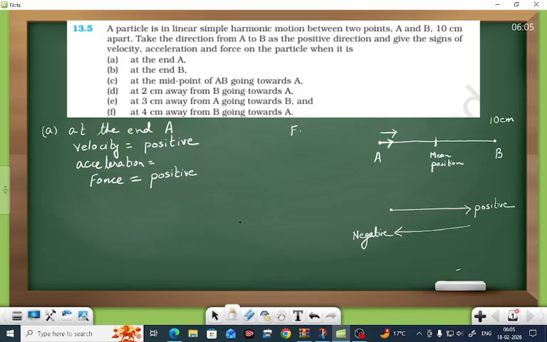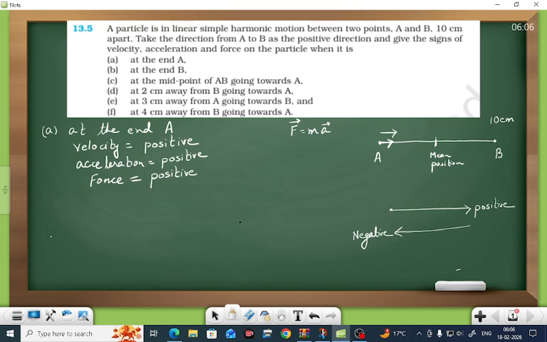F is equal to m into a. And the direction of force is the same as the direction of acceleration. Therefore, the acceleration will also be positive, right? So you'll get here that the velocity is positive, acceleration is positive, and the force is also positive, right? This is for point A.